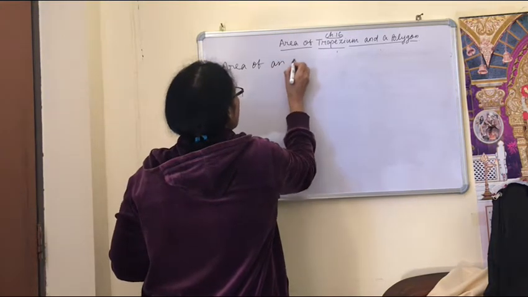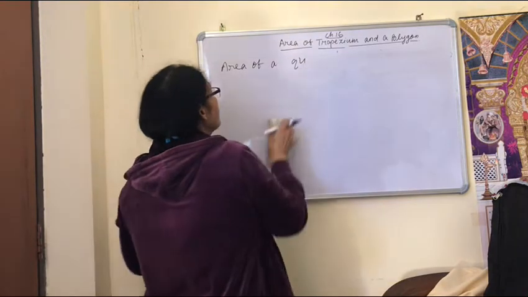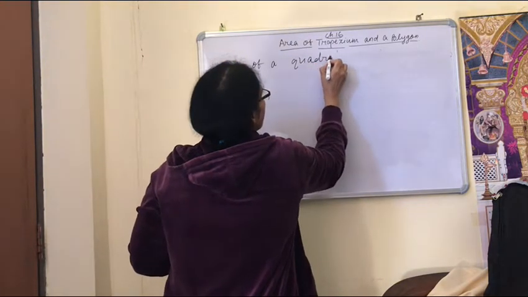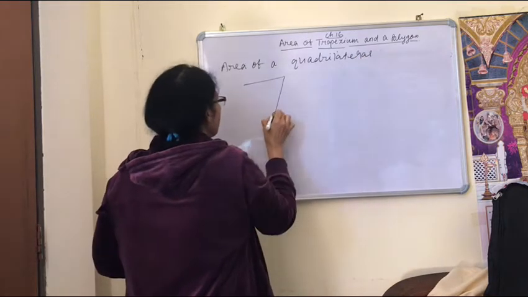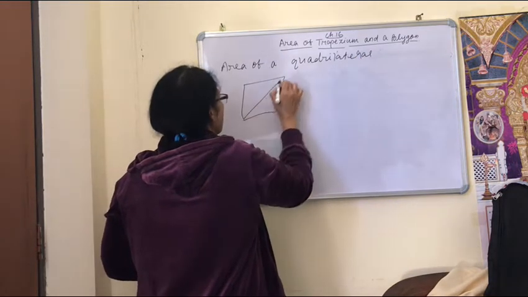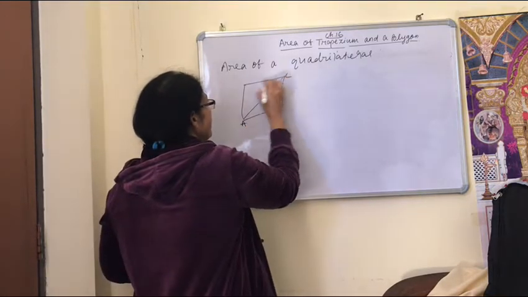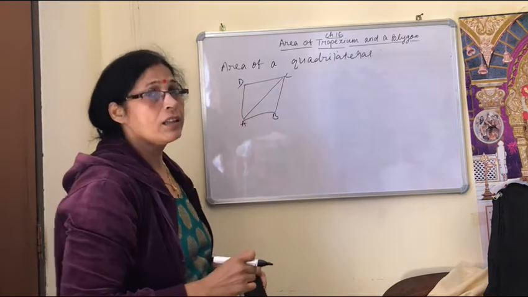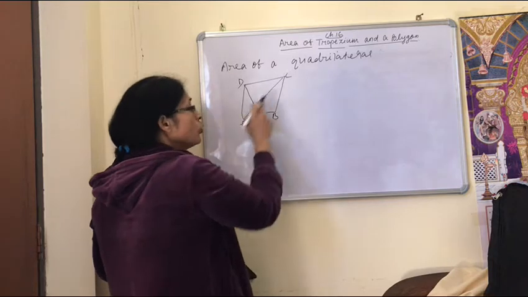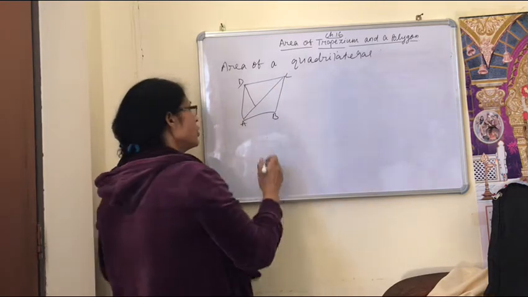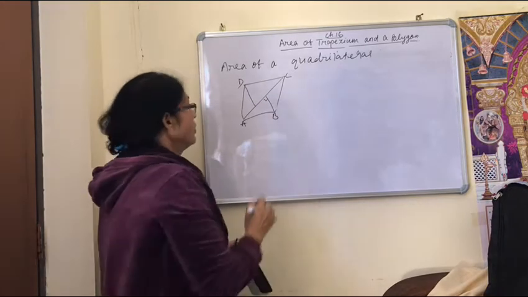Suppose ABCD is a quadrilateral, you join one diagonal, then you draw a height from D to the diagonal AC and from B to the diagonal AC.